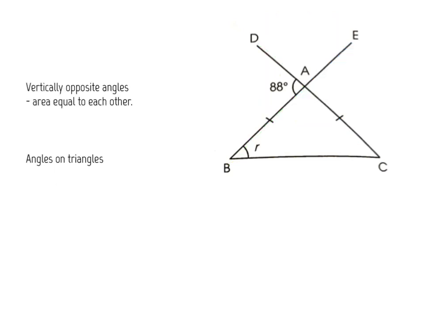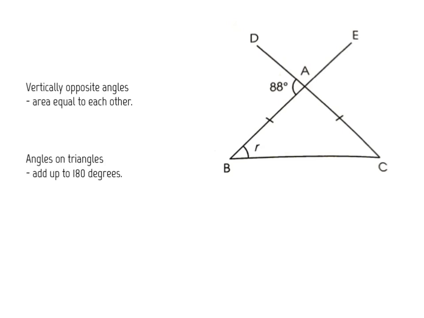Now, from our figure, we were also able to form a triangle. And that is triangle ABC. Now, angles on a triangle always sum up to 180 degrees.